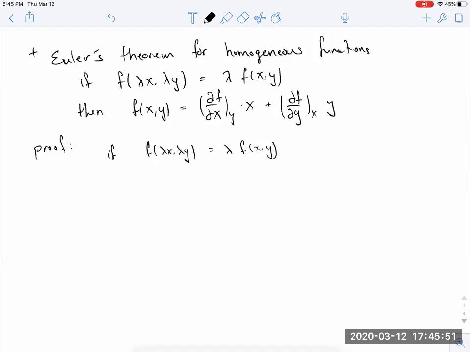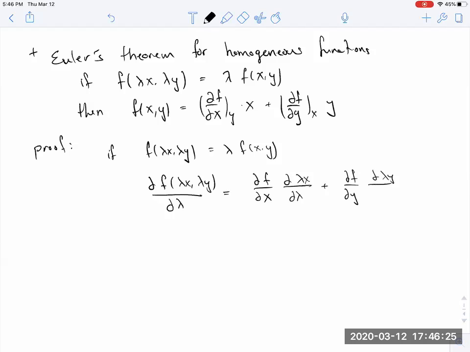If that is true, I can prove the then statement by saying, well, if I took a derivative of f of lambda x, lambda y, with respect to lambda, well, by the chain rule, that's how f changes with x, and how lambda x changes with lambda, plus how f changes with y, times how lambda y changes with lambda.